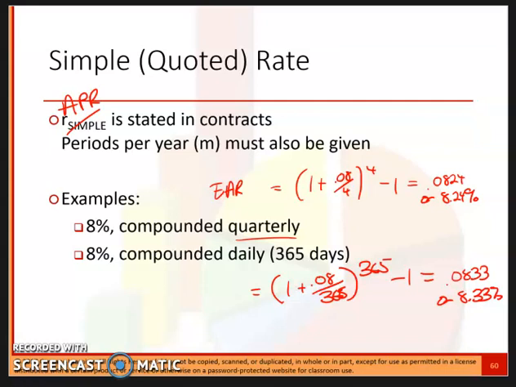So your calculator has a function. It is ICONV, above the 2. So you hit second and ICONV, and the first thing you're going to see is NOM.